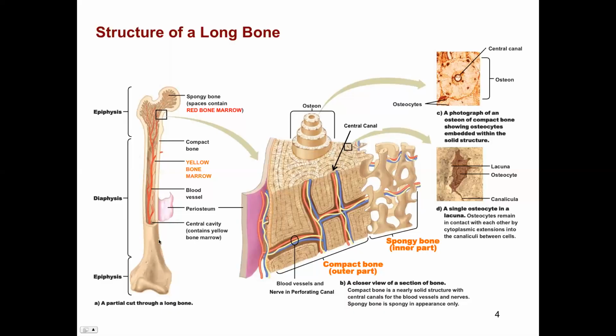Now, on the outer layer of bone, underneath the periosteum is a layer of bone that's called compact bone, all right? So compact bone is sort of on the outside area. And I'm going ahead in my notes, which I shouldn't do.